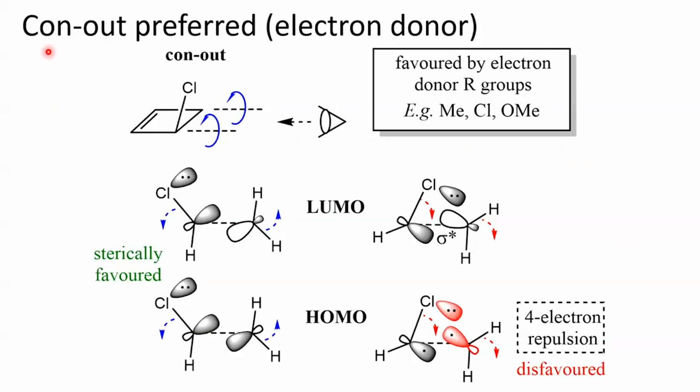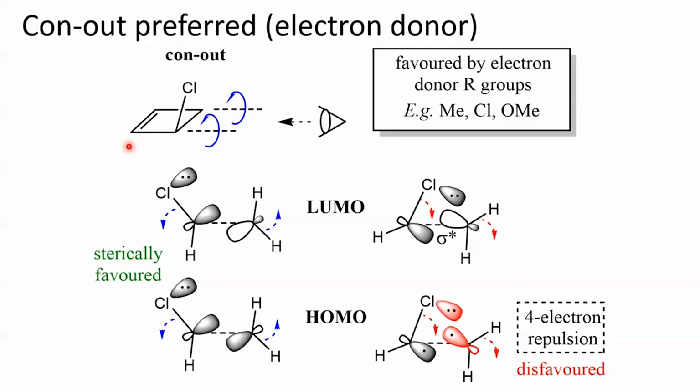So con-out preferred reactions occur primarily when the R group is an electron donor. So things like methyl, which is relatively neutral, chlorine and methoxy groups, and we're going with a chloro group in the example. So given this structure, if con-out is preferred, both of these orbitals at the terminus need to rotate counterclockwise to get our chlorine group towards the outside of the molecule.